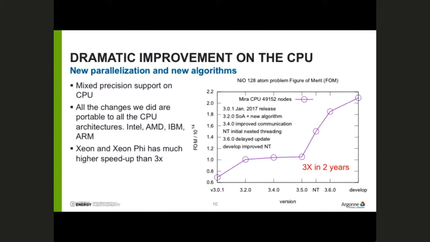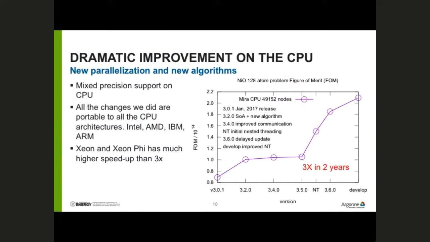We want to settle a lot of internal things and make the code faster, to better facilitate decisions for the future. Just to give you a feeling: on the CPU side, over the 2 years, we basically have a 3x speedup, even on BlueGene/Q, which was a machine already out of date at the starting point. There's no new hardware, we just sharpened the code and the algorithm, and achieved this figure. The latest develop, you can think of as 3.7, the latest release you get.